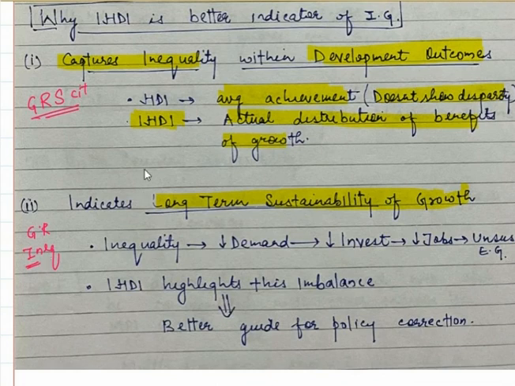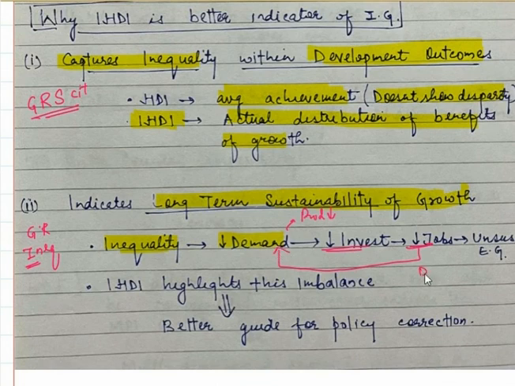Now you see this. If a country has high inequality, then the country's demand for goods would go down. The demand would go down, therefore, the production would also go down. The demand goes down, therefore, investment also goes down. Investment goes down, therefore, jobs also go down. Jobs go down, therefore, demand also goes down.